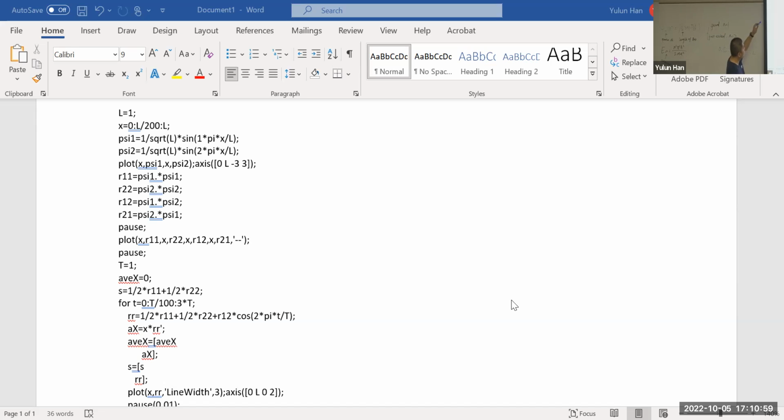I guess in this specific setup, we have a linear combination of two stationary states. So the total wave function.